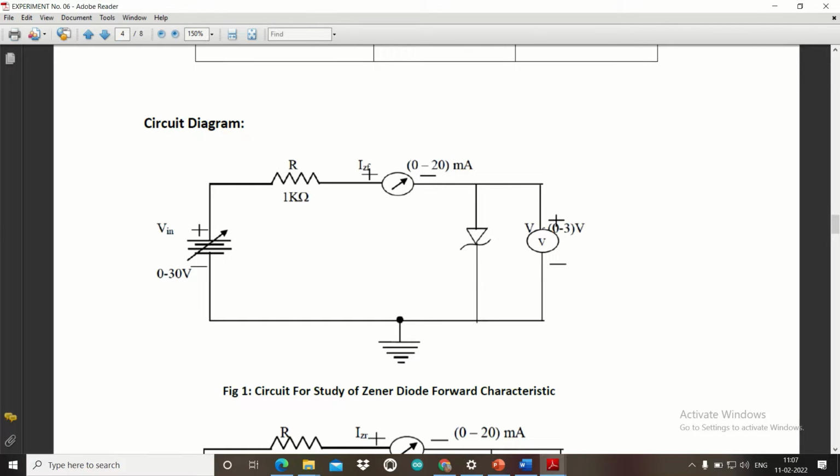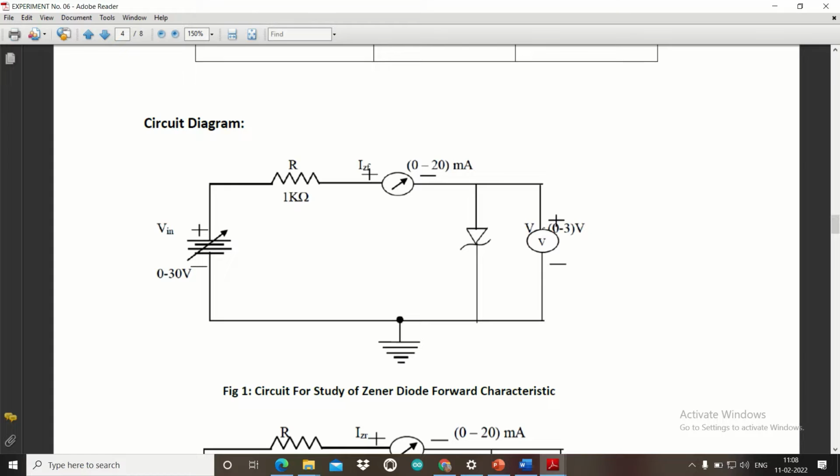The purpose of the series resistance is to resist or control the current through the Zener so that the maximum limit of power dissipation is not violated, and this ammeter is connected in series to measure the current through the Zener.